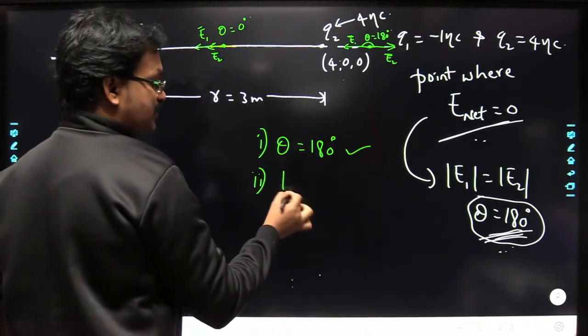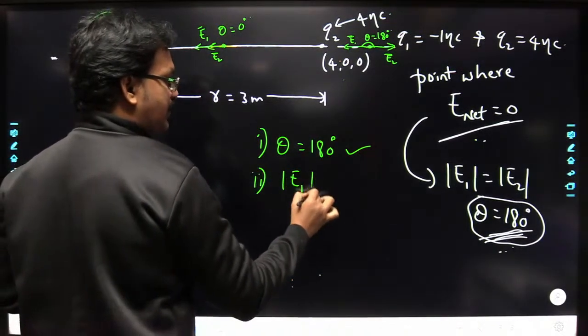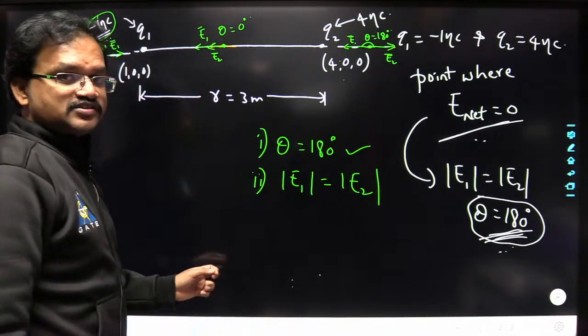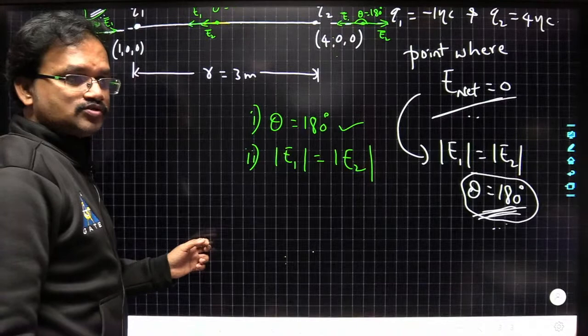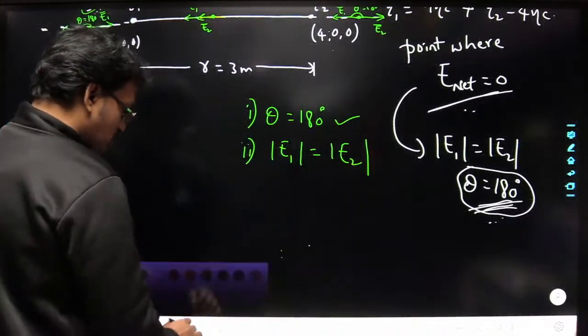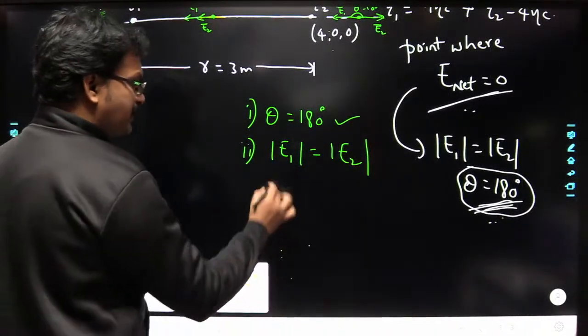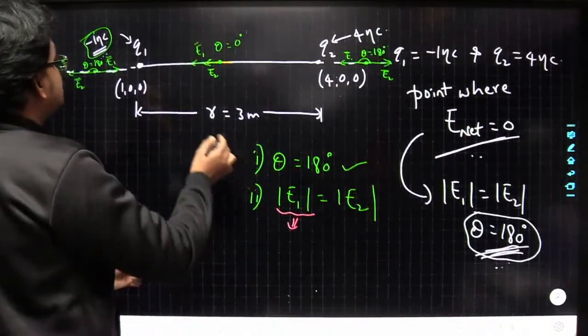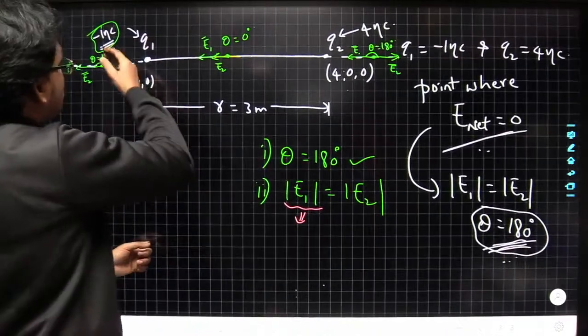Next, what is another condition here? The magnitude of the electric field must be the same. This condition must also be satisfied for the net electric field to become equal to 0, right? So what is the magnitude of E1 here? That is due to Q1, which is minus 1 nanocoulomb.